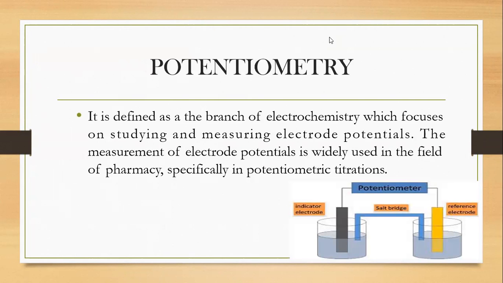So what is potentiometry? It is defined as the branch of electrochemistry which focuses on studying and measuring electrode potentials. The measurement of electrode potentials is widely used in the field of pharmacy, specifically in potentiometric titration. In chemical analysis, it is the way of measuring the potential between two electrodes while controlling the electric current.